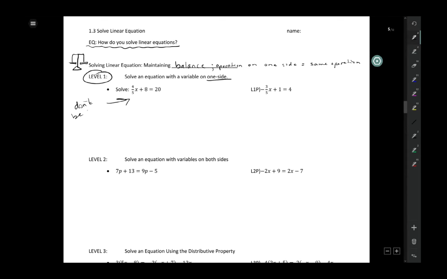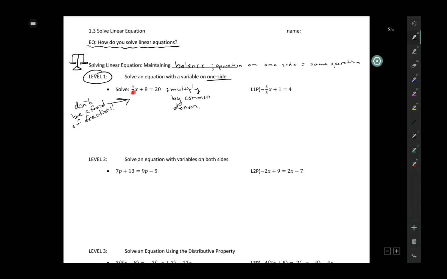The easiest way to deal with fractions is to multiply by the common denominator. For our case, our common denominator is 5. That's the only denominator we see. It will get a little trickier if you have more than one.